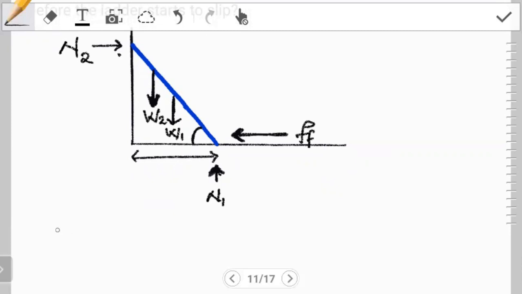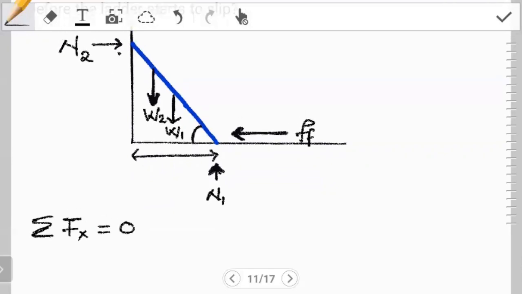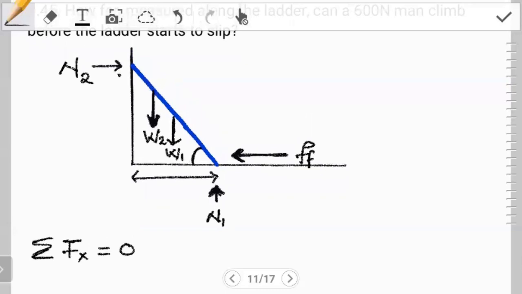So what we are saying is that the sum of forces in the x must equate to 0. There are two forces acting in the x, N2 and force of friction. Let's take right to be positive and left to be negative.